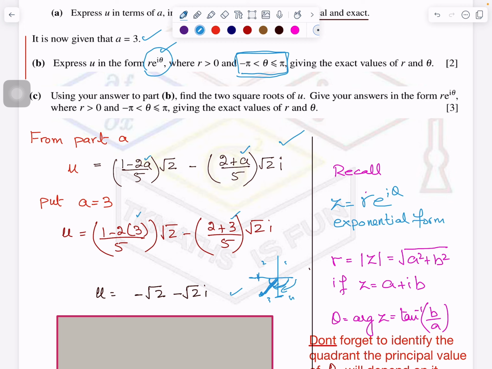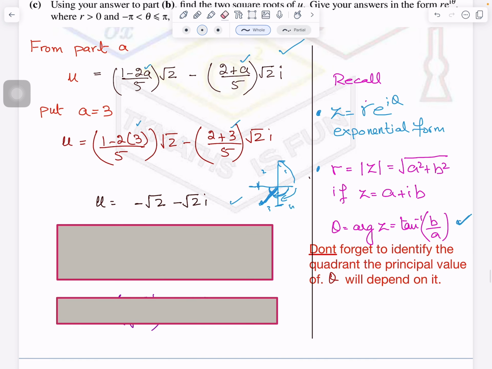If it is in the first and second quadrant, we measure anti-clockwise and keep it positive. By the way, here I have just written 2 forms to refresh your memory. And this is what I'm talking about. Tan inverse b over a will give you this angle in this case.